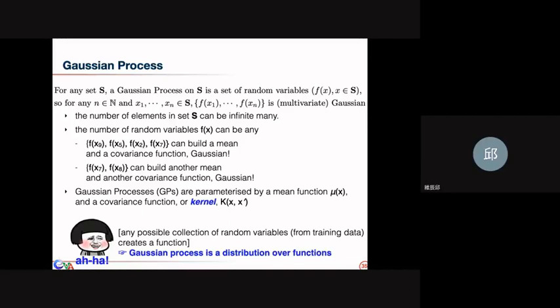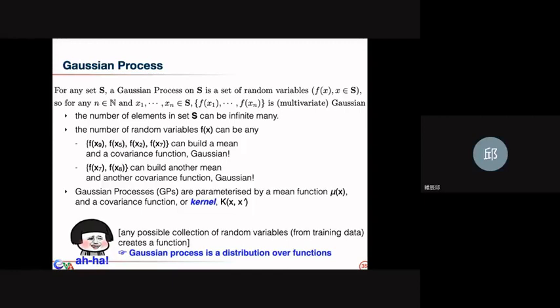Now we have this Gaussian process, right? The Gaussian process is based on the collection of random variables.